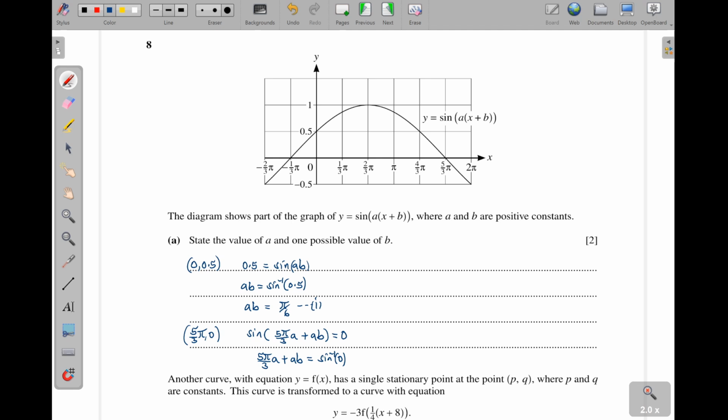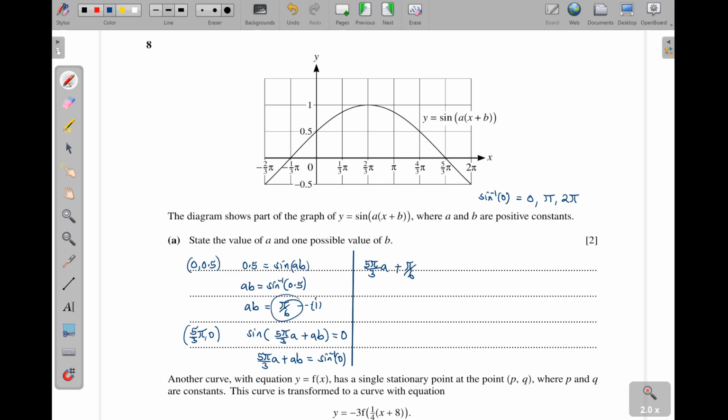By the way, arcsine of 0 can give us 0, pi, 2 pi, like that. Right from here, I can get the value of a. So this one can be 5 pi over 3 of a, and this one here is pi over 6.